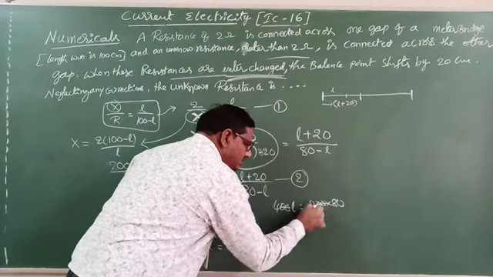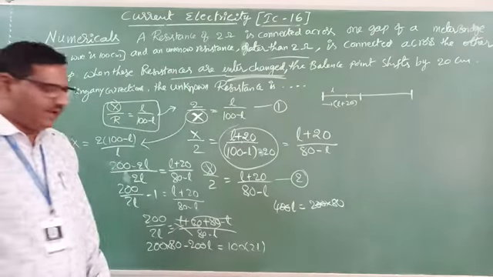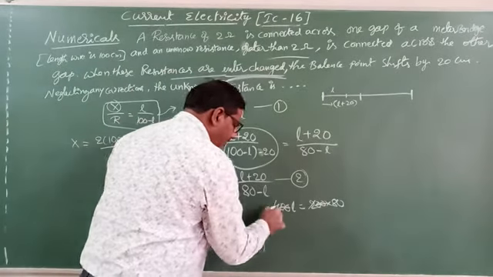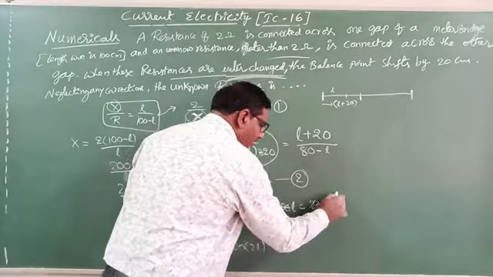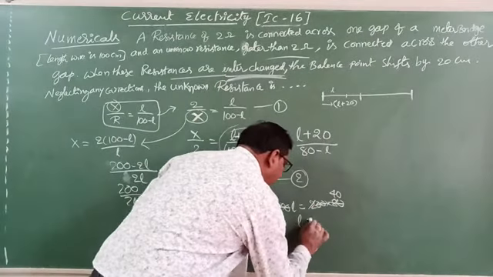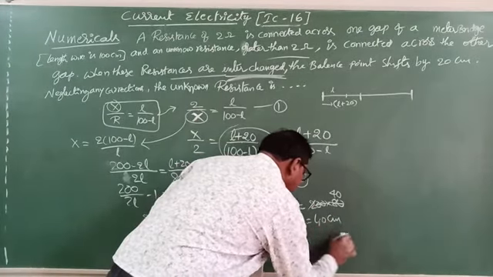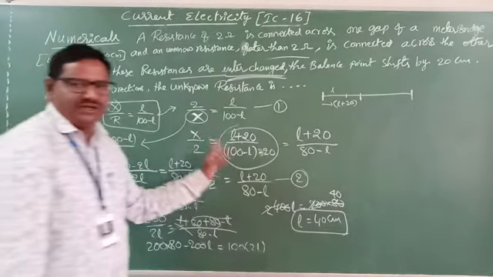The zeros cancel, so L equals 40 centimeters. Now the balancing length is measured.